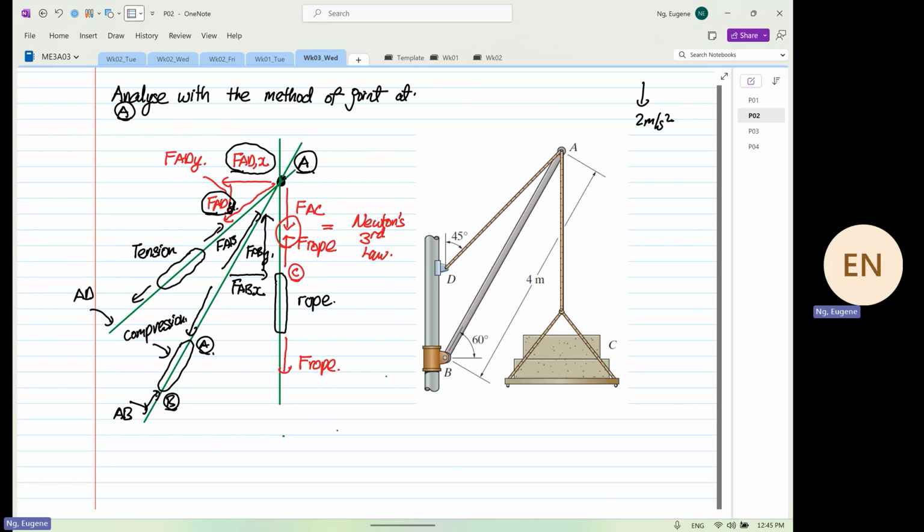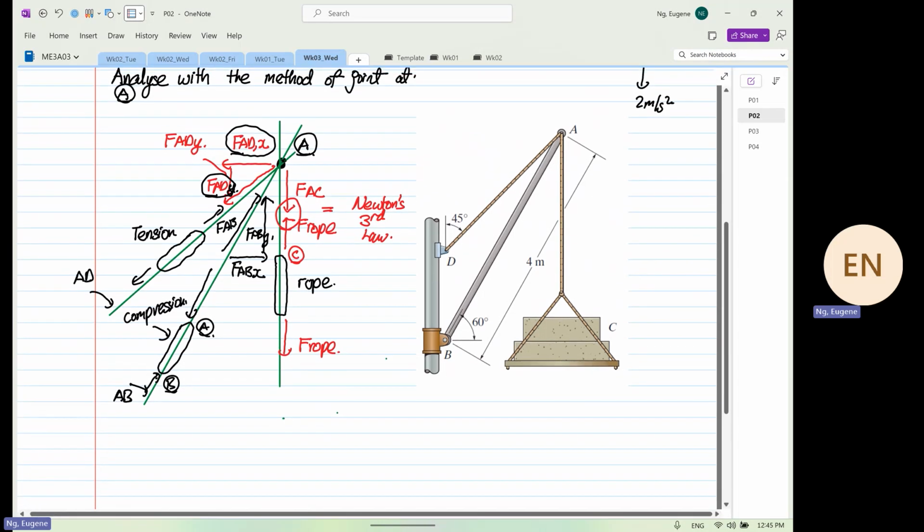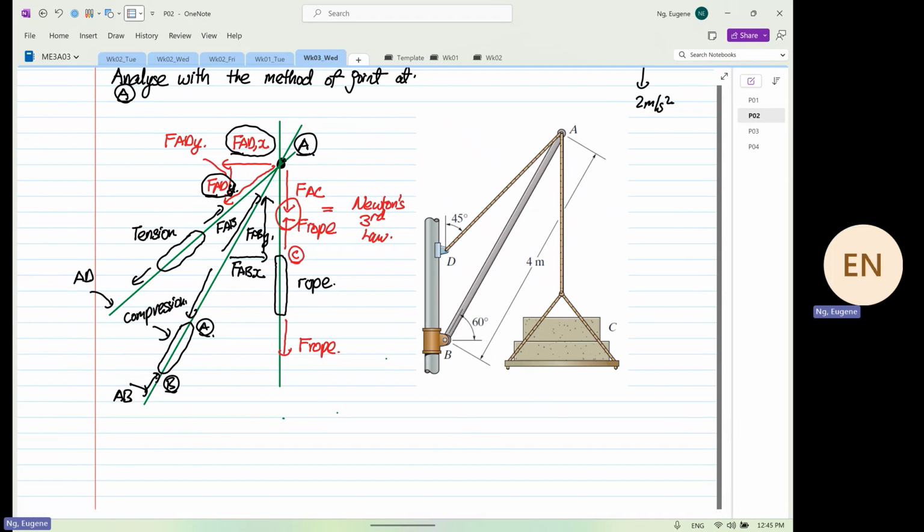So next, we are going to carry out static analysis. What we are going to determine now is FAB. So the first thing we do, given that we know this angle is 60 degrees and this angle over here is 45 degrees, we have the summation of forces in the y direction equal to 0.